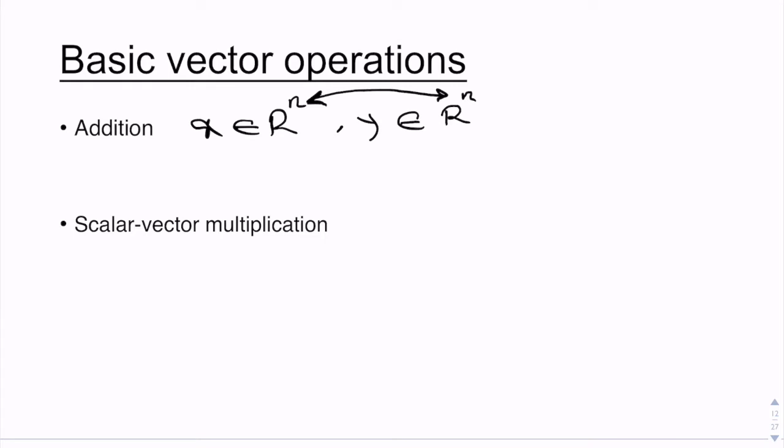If you want to sum up these vectors, addition takes place element by element.